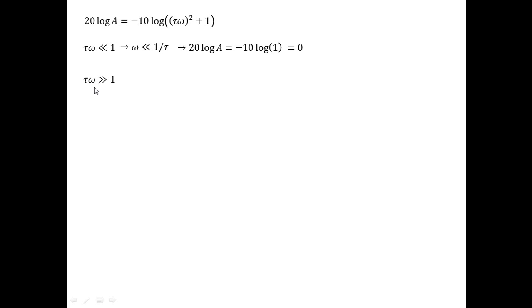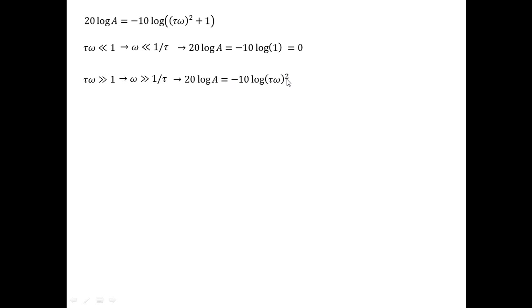In another case, if tau omega is much bigger than 1, if you again compare these two components, we can ignore 1 compared to the value of tau omega squared. So if we assume tau omega is much bigger than 1, which means omega is much bigger than 1 over tau, 20 log of A will be equal to minus 10 log tau omega squared.